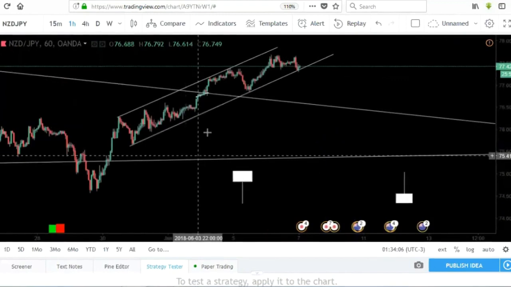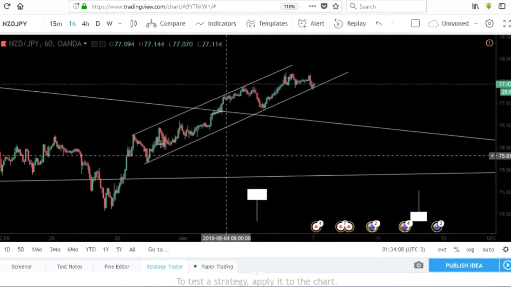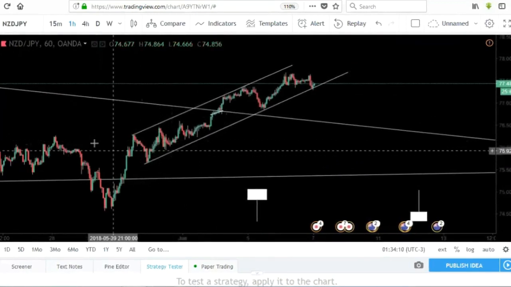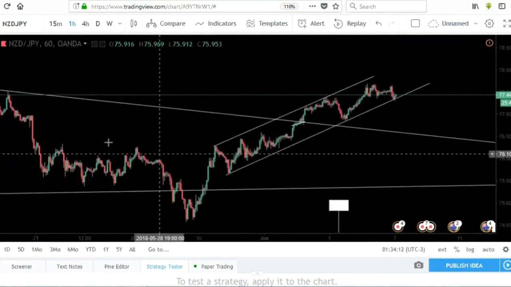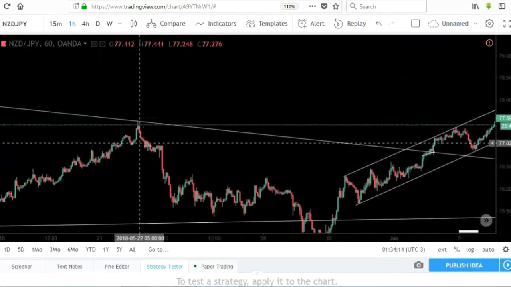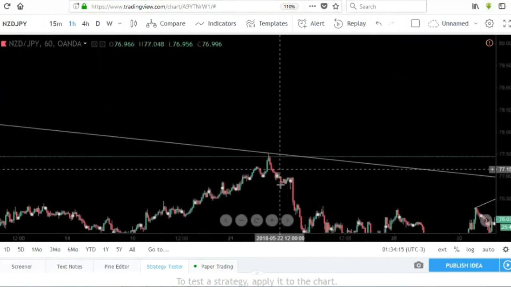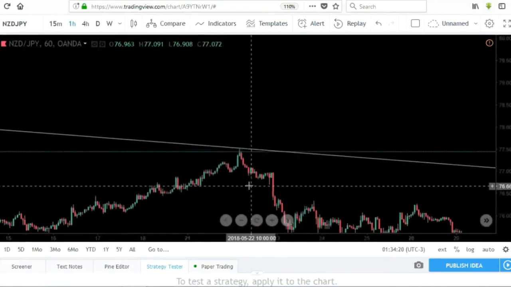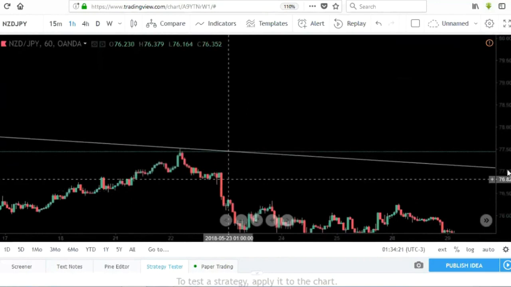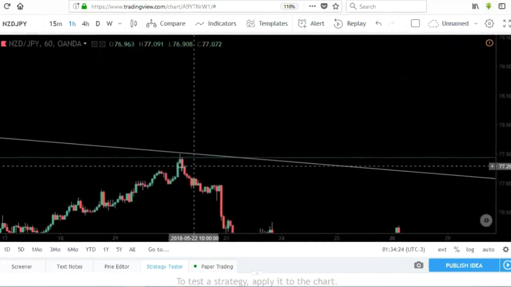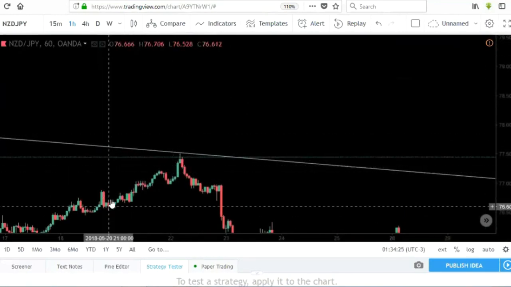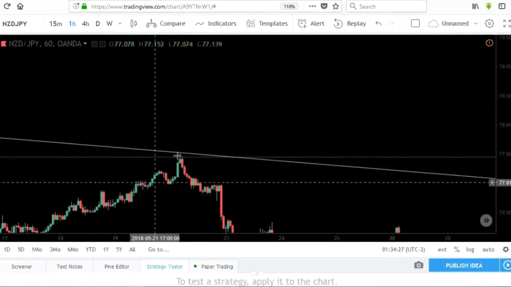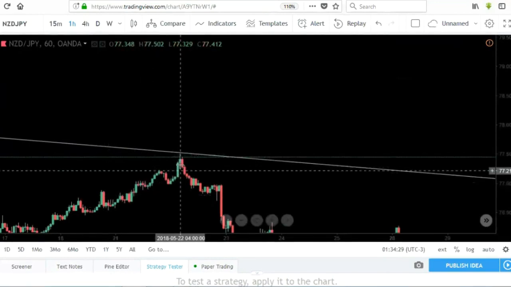So let's look for one on the resistance. Okay, here's a nice one here. It doesn't matter what the color is, red or green. As long as you find this on the resistance, it has the same characteristics. Here's one. It has been an uptrend, it's on the resistance, and then it formed an inverse shooting star.